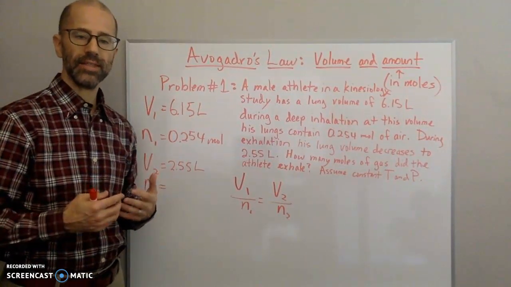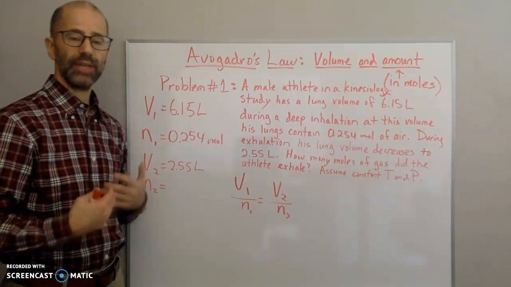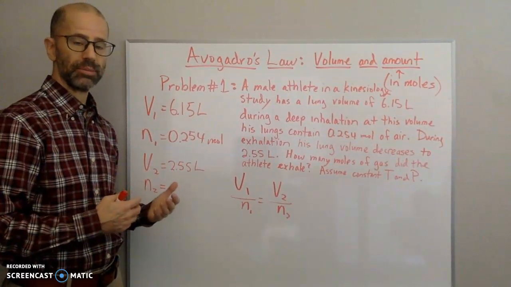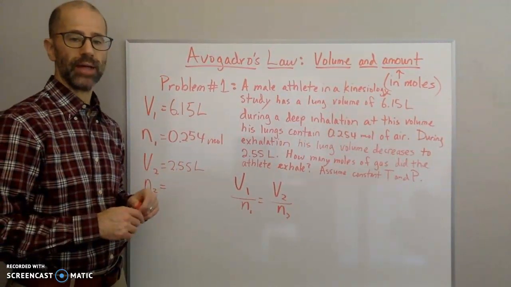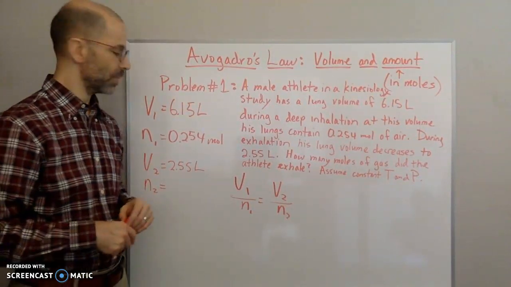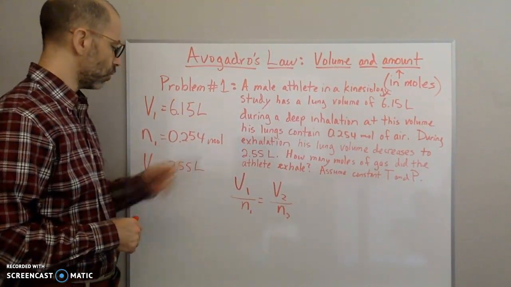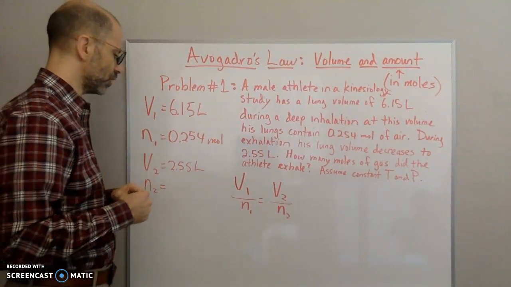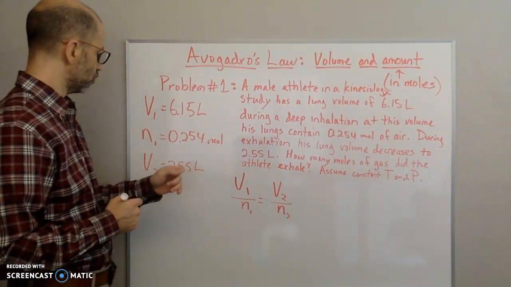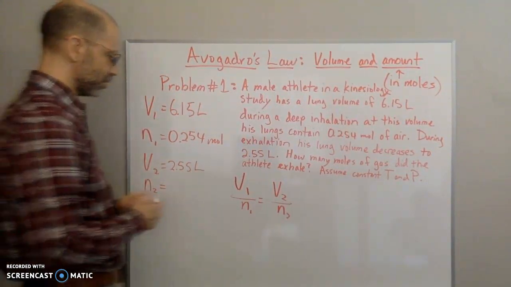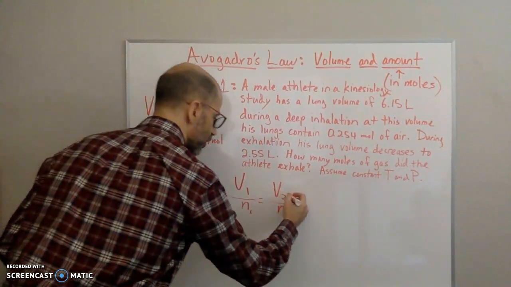The amount of gas needs to be in moles. If they give you the amount of gas in grams, then you're going to need to use molar mass to convert grams to moles. So they already gave us in moles, so that's fine. We don't need to convert.